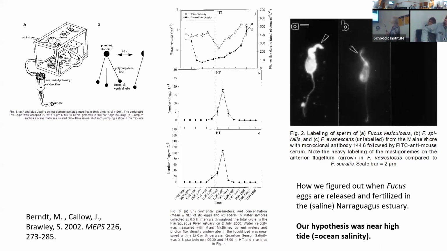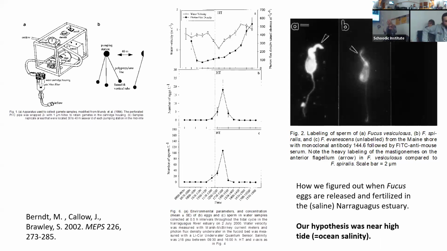And so we wanted to do some experiments, which we did at Pemaquid first, and then subsequently at Schoodic, in which we were capturing sperm and eggs from a water column to see what the ratios were in nature. And I made monoclonal antibodies against Fucus sperm so that we could detect them.